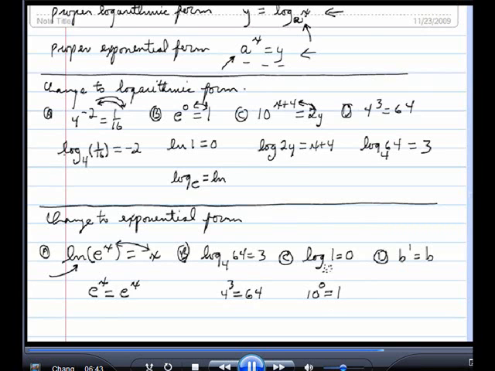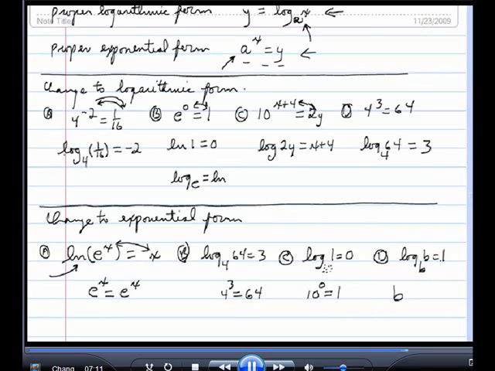And now let's go to the last one. Here the base is b, so I'm going to, whoops, that's not a logarithm. Let me put a log in there because we're supposed to be doing logarithms. We'll say the log base b of b equals 1. And now we want to change that to the exponential form. So the base is going to be b.